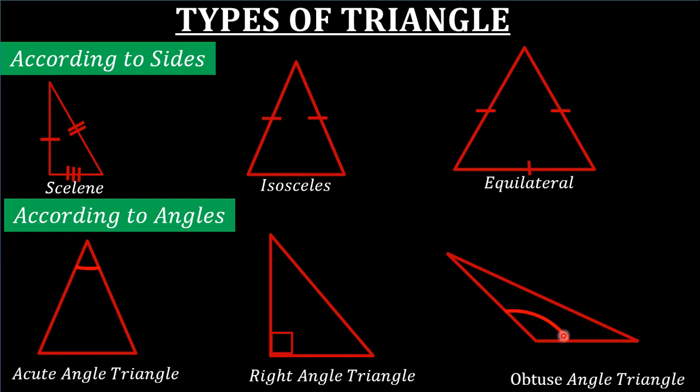Such a type of triangle is called an obtuse angle triangle because one angle is greater than 90 degrees, and the other two angles are acute. I hope, students, you got an idea what types of triangles we have to deal with in the world of trigonometry. Students, the first thing that you have to learn is solving the right angle triangle.